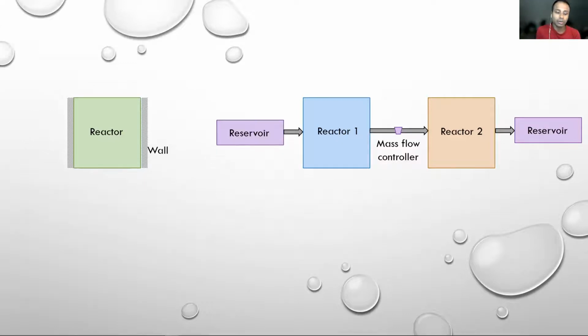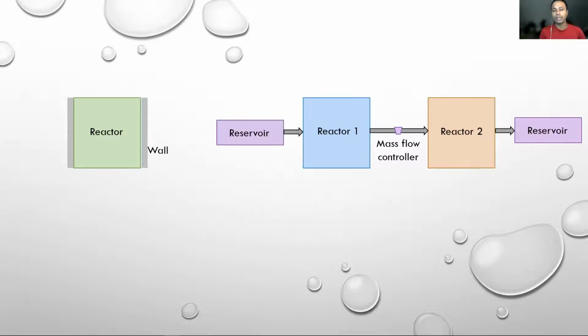If any of that needs to happen, we will have to put some kind of walls on these reactors so that we can control the flow of heat, whether it is going outside the reactor or coming into the reactor. In that case, a wall will be needed as well.